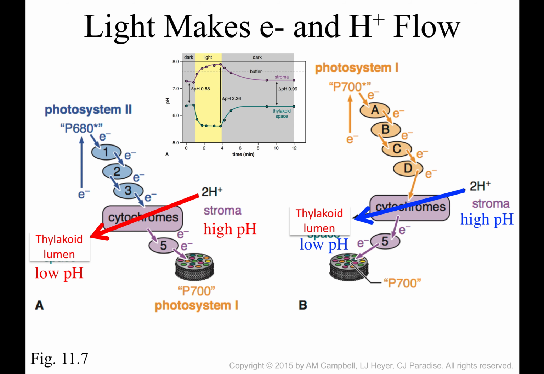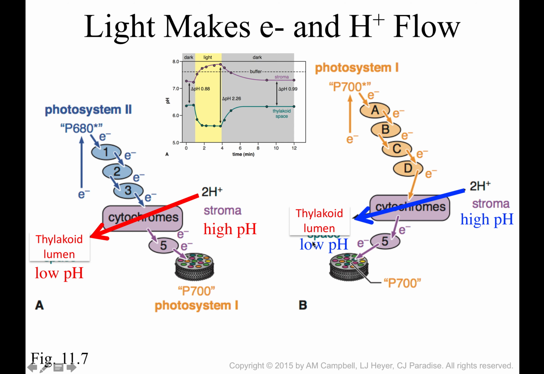All right. So as I mentioned before, as the electrons are going down their photosystem and losing energy, that energy that is lost is used to move protons from the stroma into the lumen, both in photosystem 2 and in photosystem 1, from the stroma into the lumen.